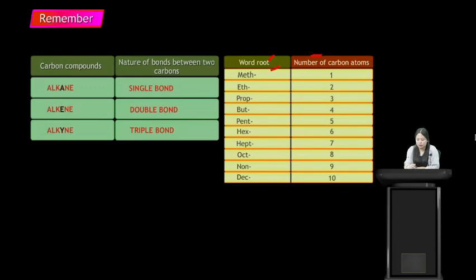If it's 2, eth. If it's 3, prop. If it's 4, but. 5, pent. 6, hex. 7, hept. 8, oct. 9, non. 10, dec. So these are the prefixes that we will use for carbon compounds depending on the number of carbon atoms.